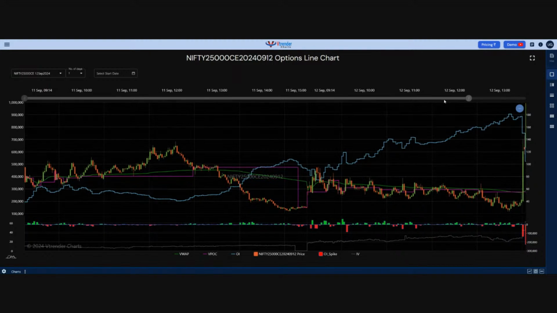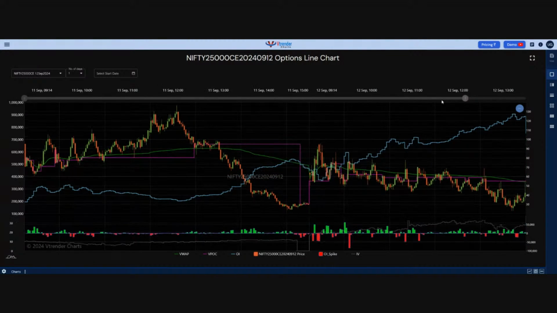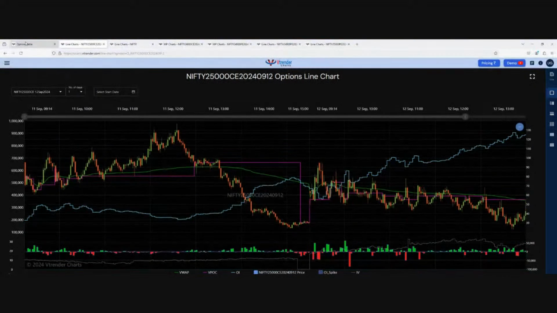So today at the open, if I show you the chart till 2 p.m., you can see how the open interest kept on building in this. At the open, the open interest was 4.5 lakhs, and then around 150, we can check that in the options table.